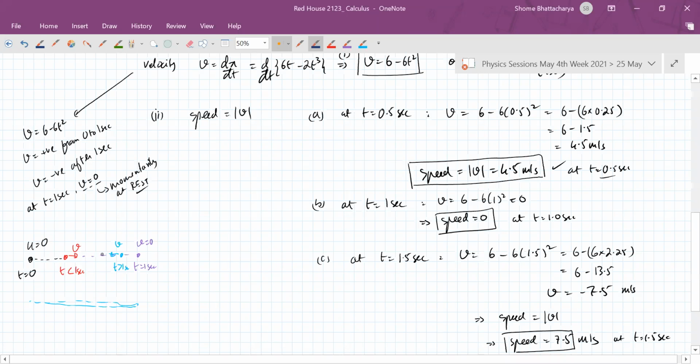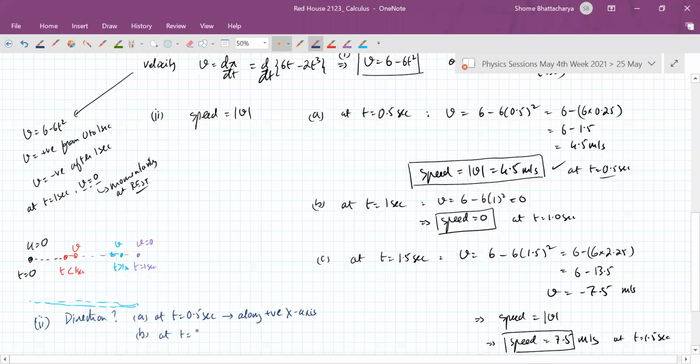Or through this analysis also, you can clearly understand that in the second part, the direction at t equal to 0.5 seconds, it is along positive x-axis. Okay.